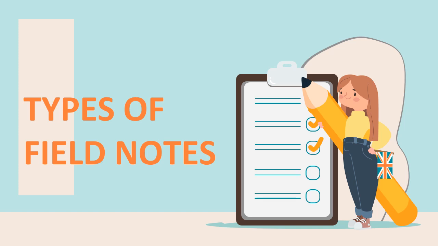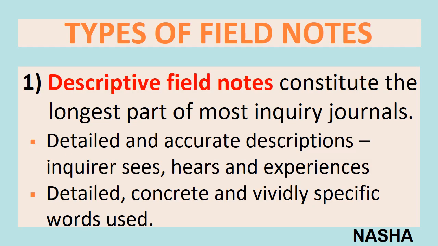Moving on to the types of field notes. There are two types of field notes. The first type is the descriptive field note. Descriptive field notes constitute the longest part of most inquiry journals. These notes are detailed and have accurate descriptions of what the inquirer sees, hears, and experiences.